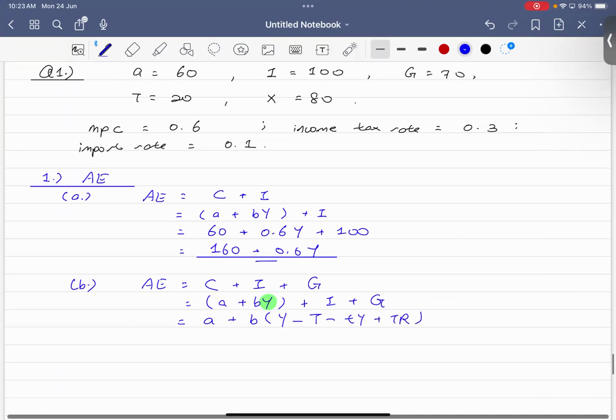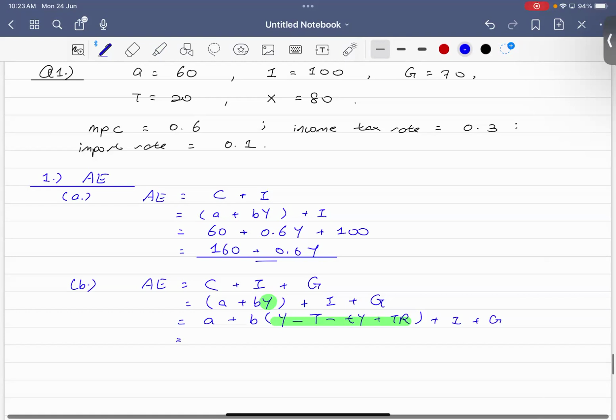you could have received from government. So you can see that now your disposable income has been extended. That part is extended like this, and then continue the same plus investment plus government spending.